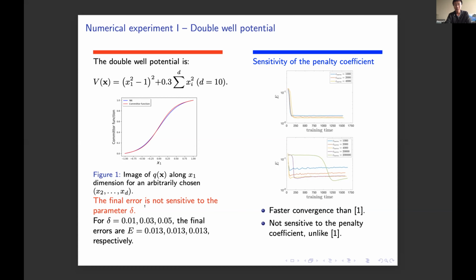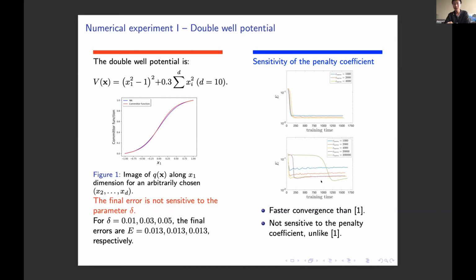Okay. And we point out that the final error is not sensitive to the parameter delta in our method. So if you choose different delta, you will obtain basically the same final error. And more importantly, on the right side, we compare the current method with the previous method.